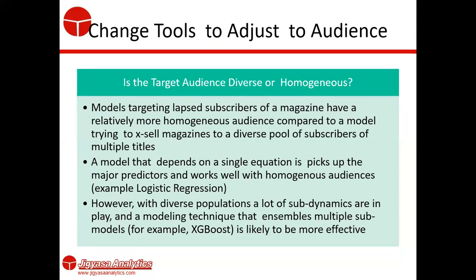Another important thing I want to bring to this discussion is that we should change tools to adjust to audience characteristics. A key thing to ask here is: is the target audience diverse or homogeneous?